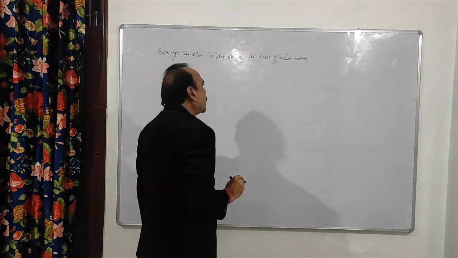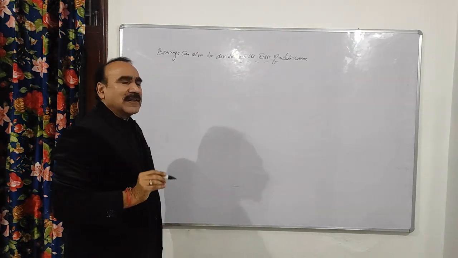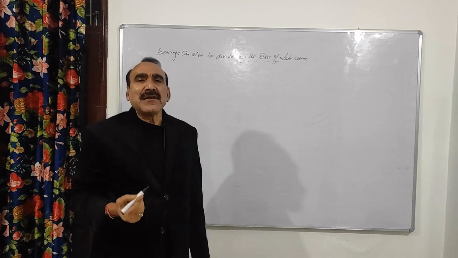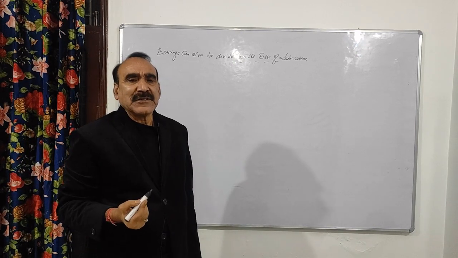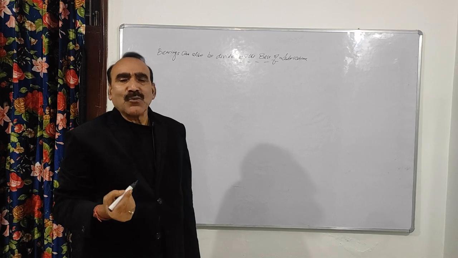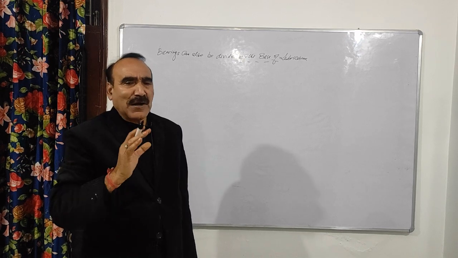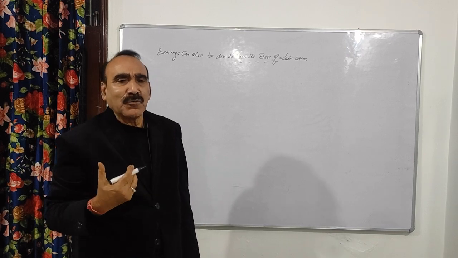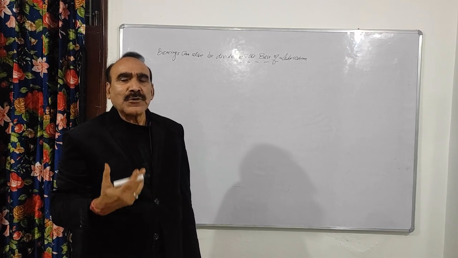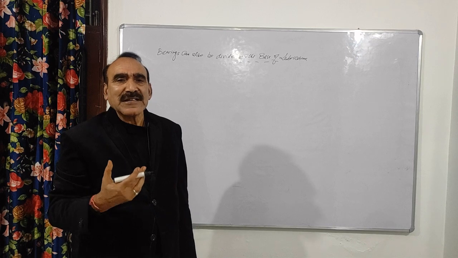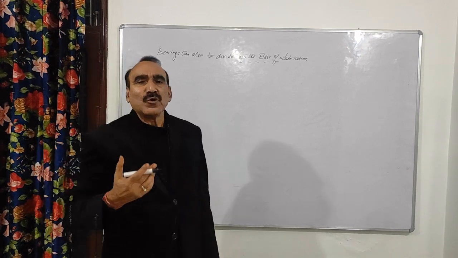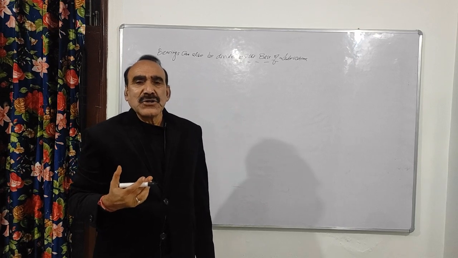Okay. So there are two types of lubrications. First you have to find out how many types of lubrications you have. So there are two types of lubrications: one is thin film lubrication and the second one is thick film lubrication.